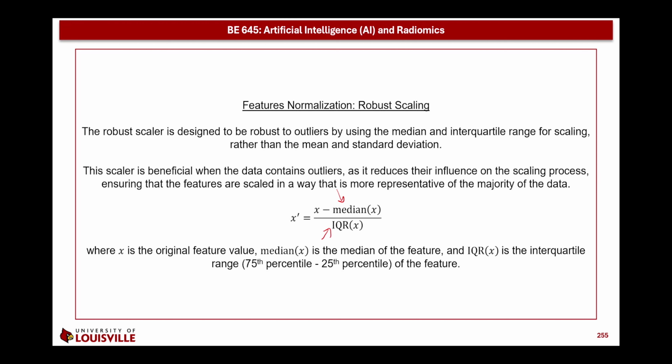It's useful when the data contains outliers, as it reduces their influence on the scaling process, ensuring that all features are scaled in a way that is more representative of the majority of the data. And the interquartile range can be calculated by subtracting the 25th percentile from the 75th percentile.